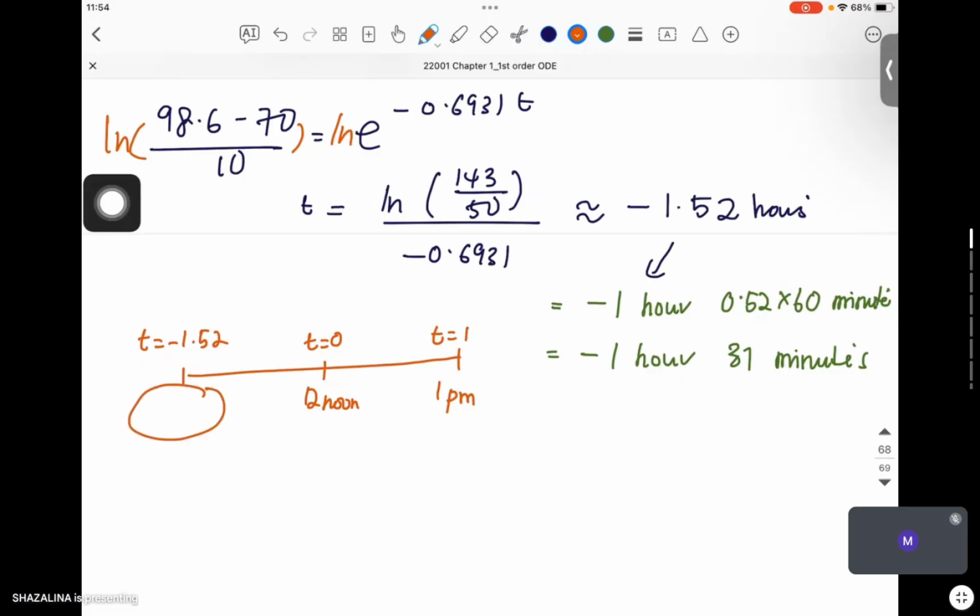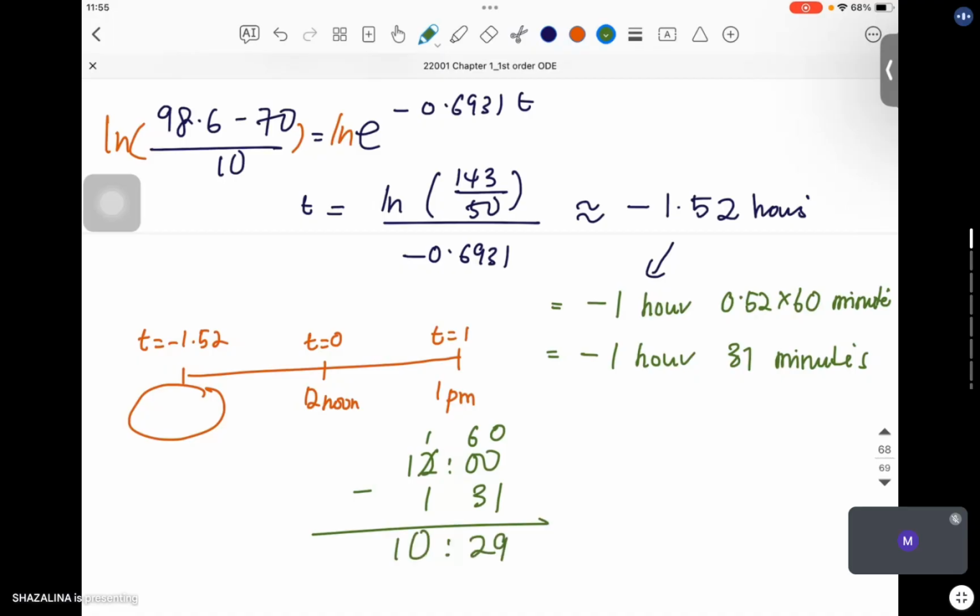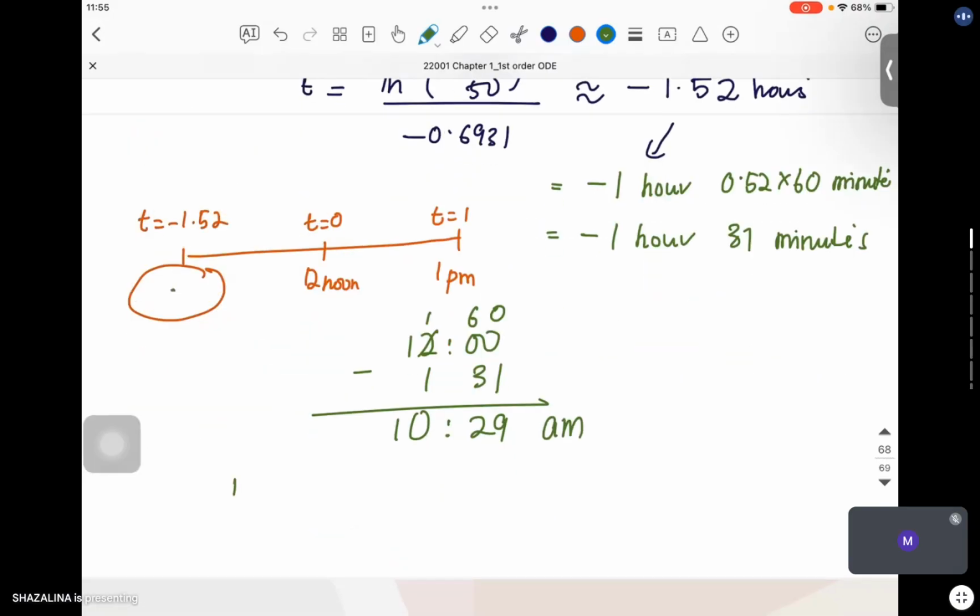Kena tolak lah. So 12 noon minus 1 hour 31 minutes. Sini jadi 29, this is 10. Since this is before noon, it is AM. Time of death is 10:29 AM.